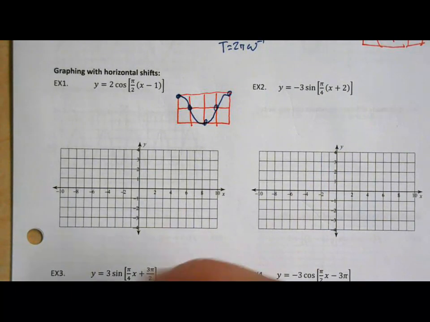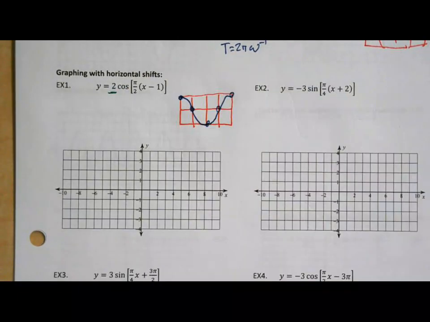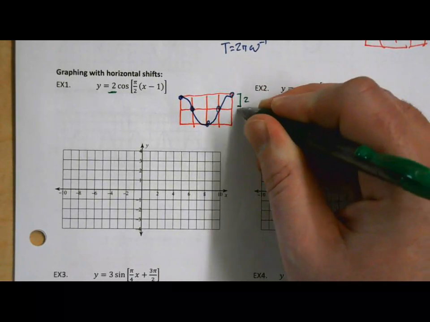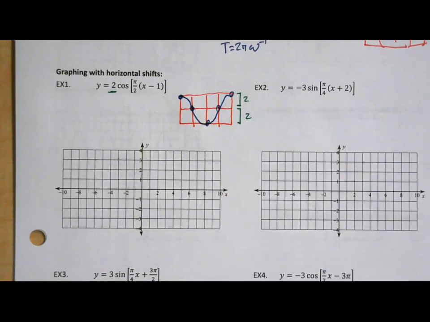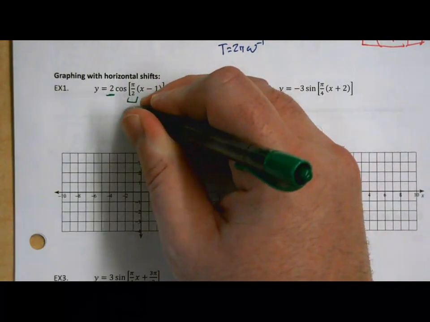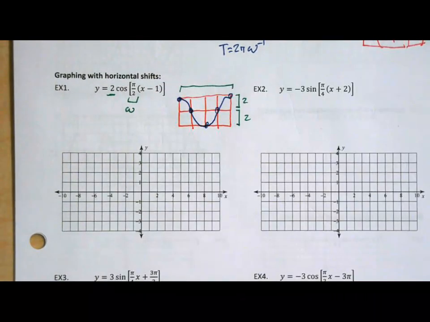All right, what is this 2 out front going to tell us about that thing? That tells us that our amplitude, that tells us that that distance is 2 and this distance is 2. So our parent cosine has been stretched vertically by a factor of 2. And then we've got omega sitting right here, but what we really want is T. That'll tell us how wide to make this thing.